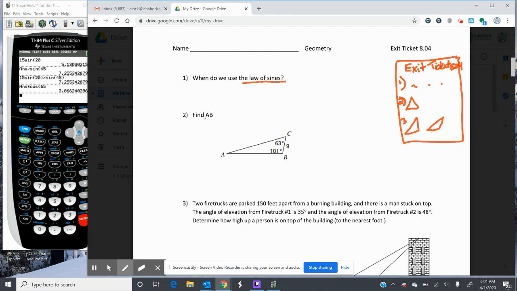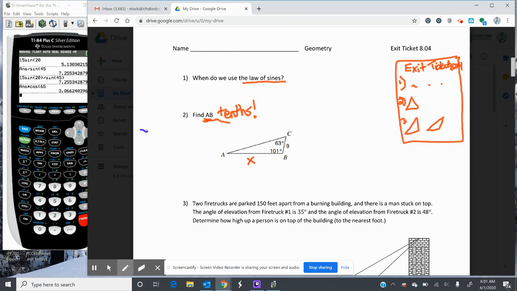So for number 2, I'm going to make a note. I'd like you to round here to the 10th place. That was a typo to fix before we printed these for you all. But we're finding AB. So AB is where your X is going to be. So if you were to set up your law of sines here, again, this is not a right triangle.